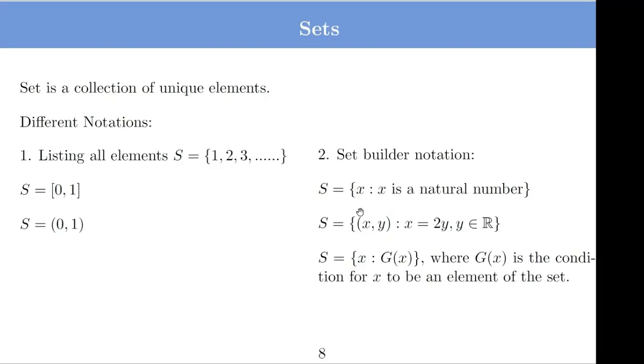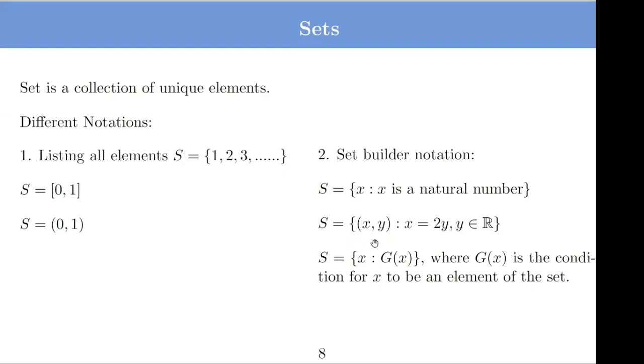So in this case, this set will be {0, 1, 2, 3, ...}. In this way, we don't have to write all the numbers. We just write the property, and it will sometimes be easier to write in this way.